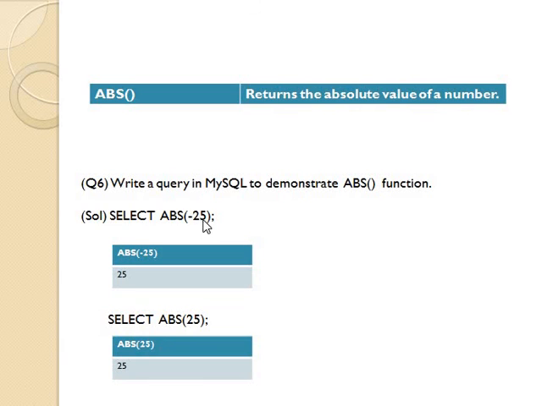So whenever you supply a negative value as an argument to the abs function, this abs function will extract the positive value out of that negative number, and that gets displayed in the first output table. So abs of minus 25 gives 25. But whenever you supply a positive value, there won't be any change. The number will be exactly as the one which is given as the argument, and that shall be presented in the output.